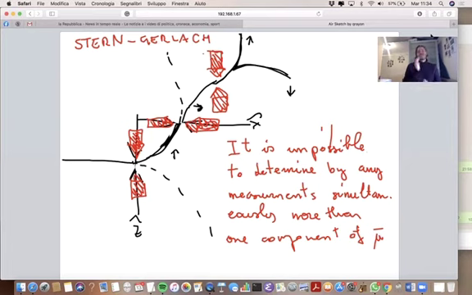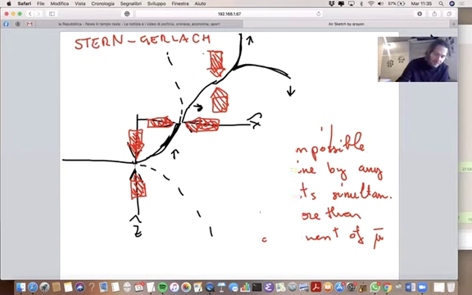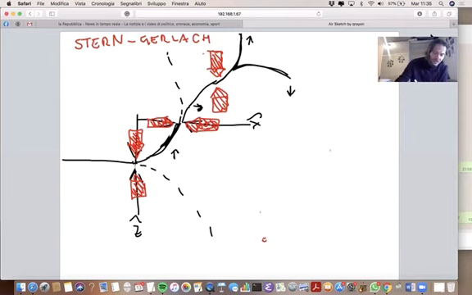You can never get more than one component, because once you choose to measure the z component, you completely lose any information about the x component, and vice versa with the y. So this ontologic impossibility is called the uncertainty principle, one manifestation of uncertainty.